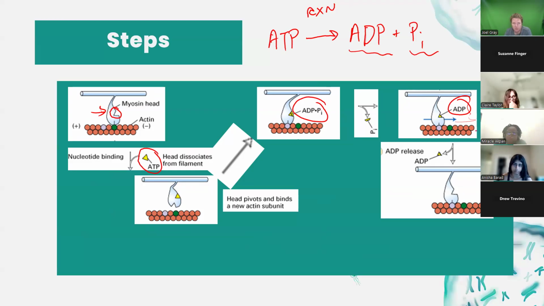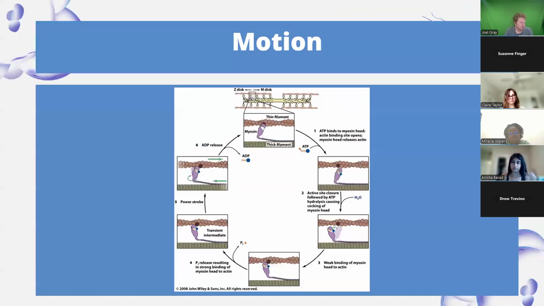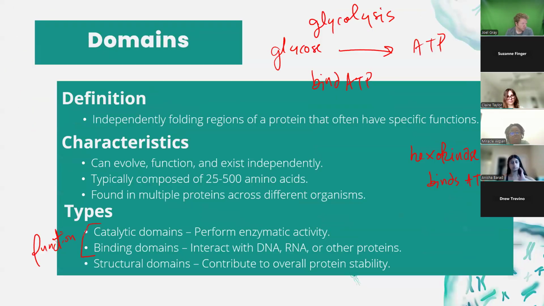Does that make sense? So what that means is that, and I'm going to go back to where we were, hexokinase and a myosin head group both have an ATP binding domain. Are they going to do different things with that ATP? Potentially. But think about it as multiple proteins can carry out the same function, or part of multiple proteins can carry out the same function. And that would be known as a domain.